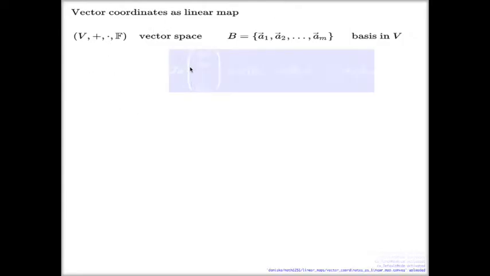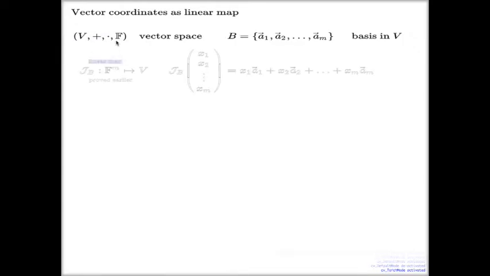Look at this. Here's my setting. Again, I have a vector space V. I'll fix a basis in this vector space, B. On Thursday, we discussed a very interesting example of a linear map.